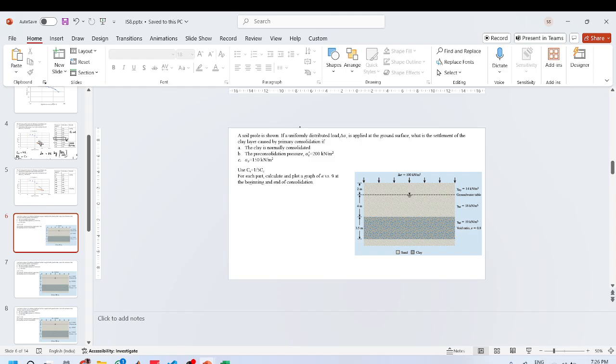Okay, so this is your soil strata. This is the ground level, and you have a clay layer at a depth of 6 meters. And when you want to calculate the settlement due to primary consolidation, we usually do it at the center of the layer.